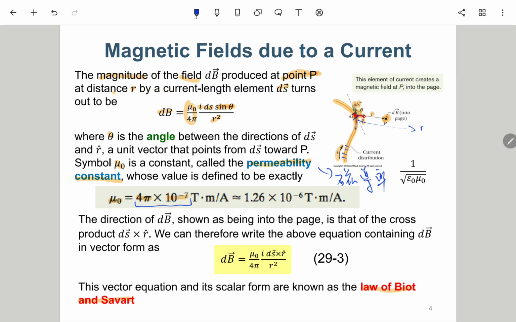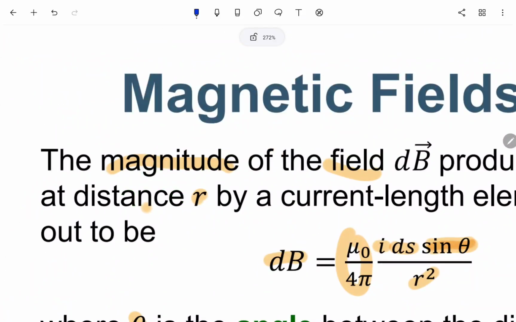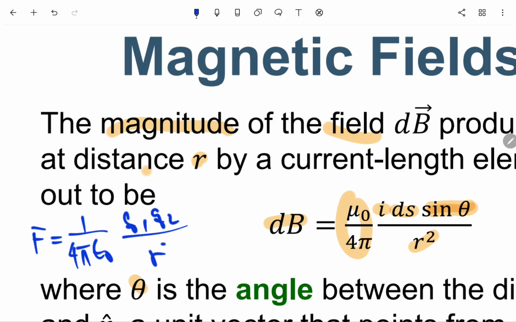Usually I remember this one, rather than 1.26 times 10 to the negative 6. This is 4 pi times 10 to the negative 7, because it is similar to the Coulomb's force. If you still remember, the Coulomb's force is F equals 1 over 4 pi epsilon naught, Q1 Q2 over R square.